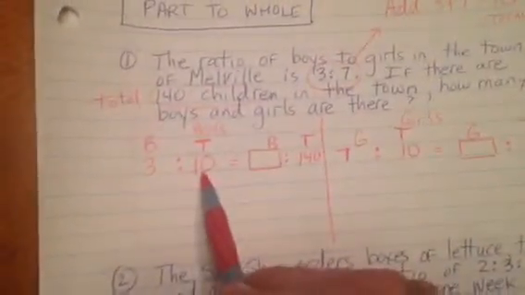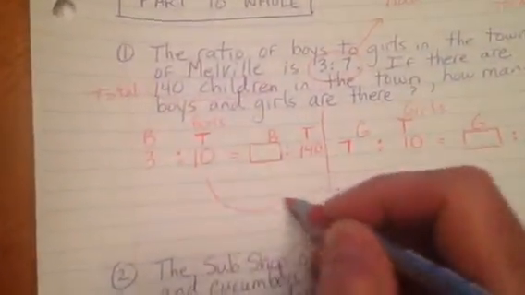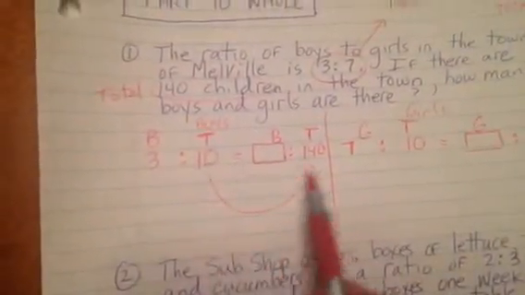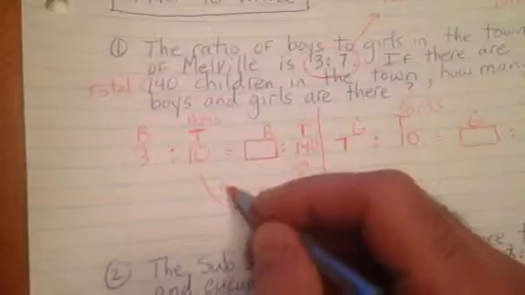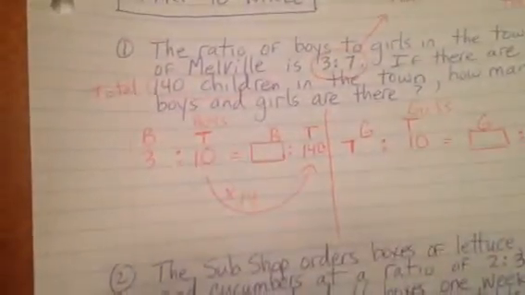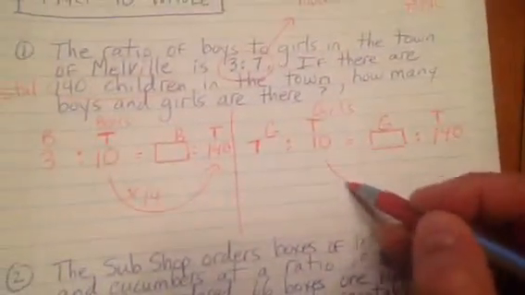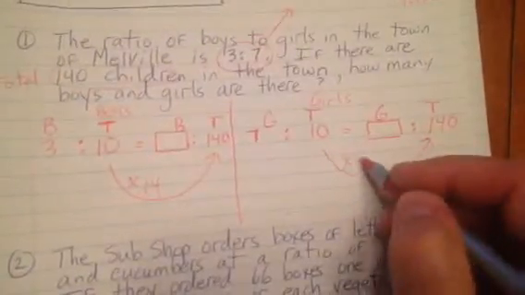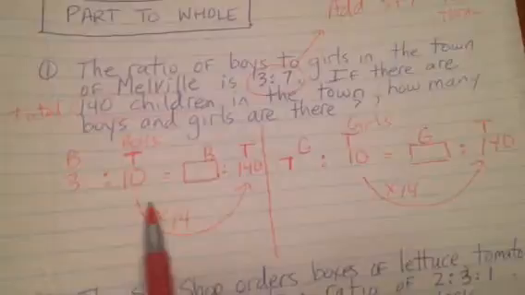So now I draw my arrows. I can only draw from total to total, right? Because those are the only 2 numbers I know. Looks like 10 times what is 140? Looks like 10 times 14. And it actually is the same for both, right? 10 times 14. So now I know to get the boys, I have to go 3 times 14, which in this case is 42.